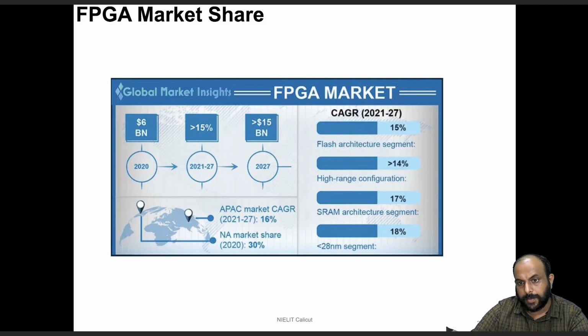If you look at the growth rate, the normal SRAM architecture as well as FPGAs below 28 nanometer are going to grow the most. So learning FPGAs is also worthwhile while we are trying to get into the VLSI design domain.